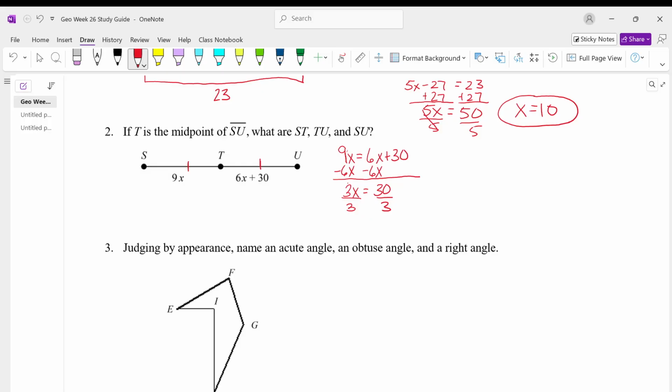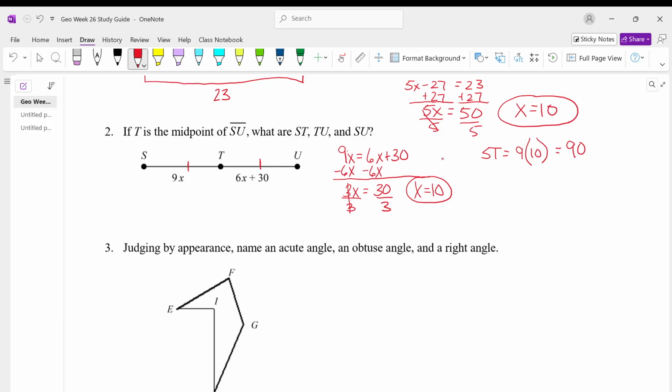So we get another x that's equal to 10. So we need S to T. S to T is equal to 9 times x, which is 10. So S to T is 90.